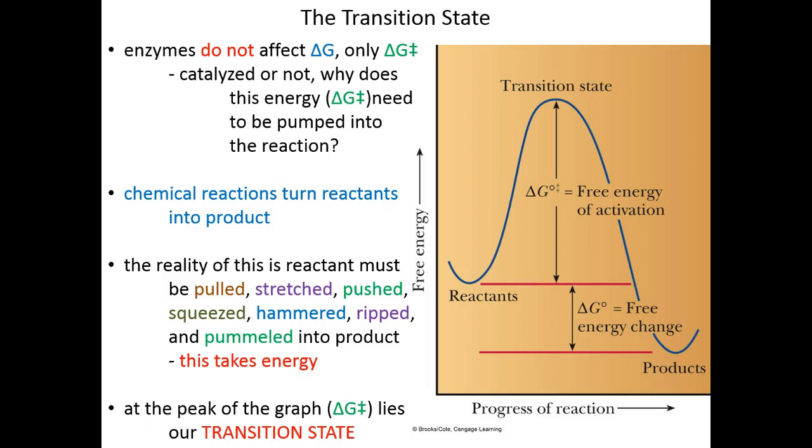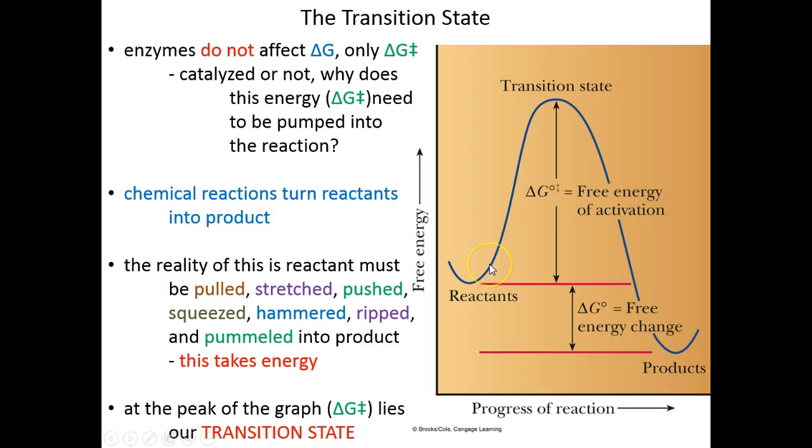When all that energy of work, all of that hammering and pulling and pummeling and stretching has been done, that's when we reach the peak of this diagram. So you can think of it as I start with reactants. There's some amount of energy within the covalent bonds of those reactant molecules. Leaving that energy alone, I'm going to work at this molecule.